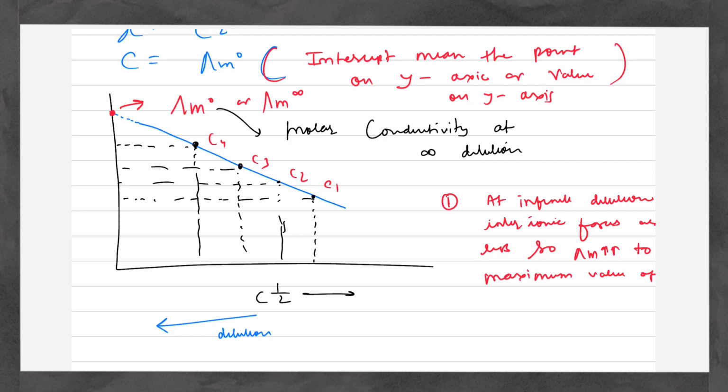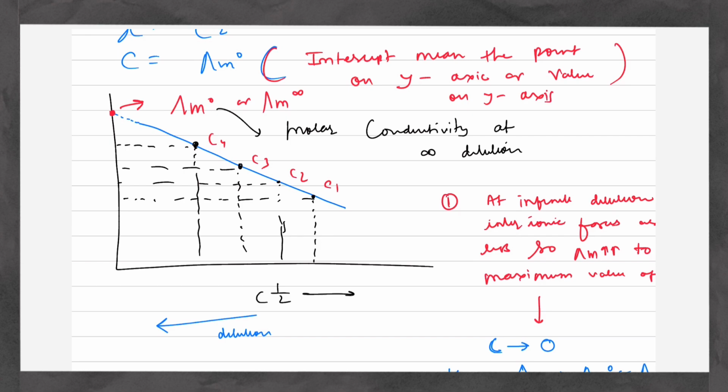This can be written as: if concentration tends to 0, then del m goes to del m naught, or del m infinity.